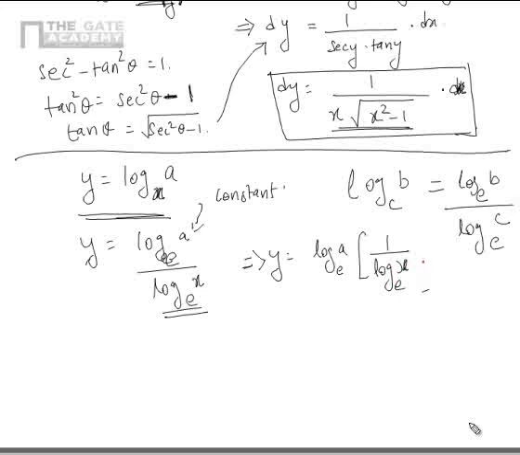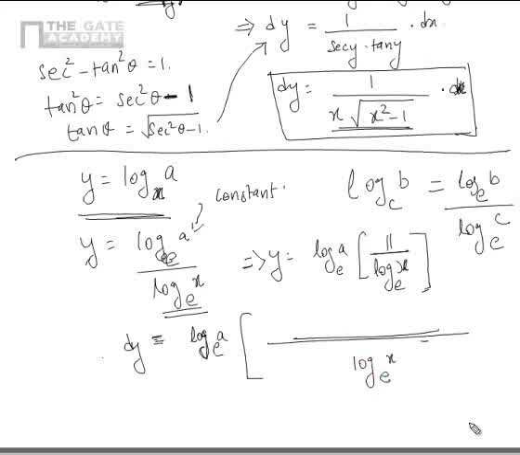This can be solved very fast. How do I solve it? It is something like a u by v form, where the u is a constant, correct? So how do we solve for a u by v form? We use the quotient rule, correct? Log a to the base e is constant. We keep it outside and we get the denominator square, right?